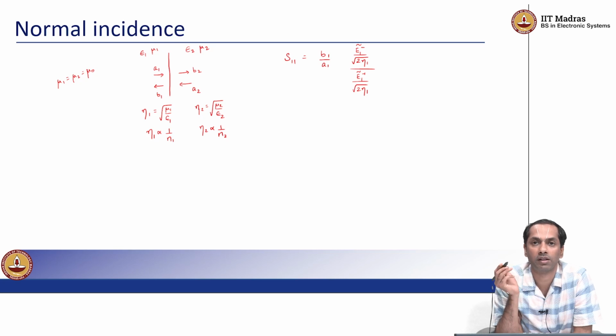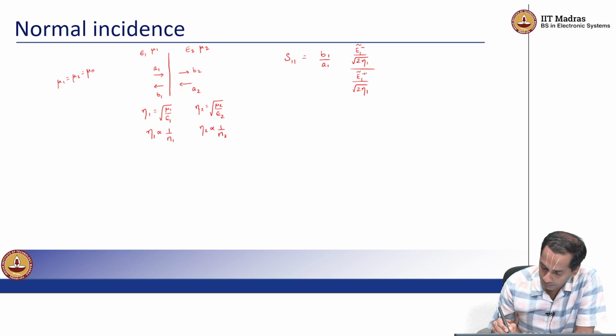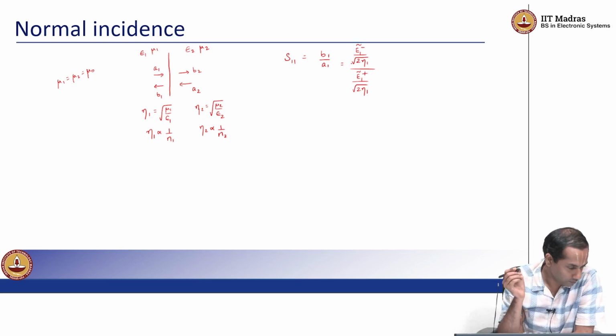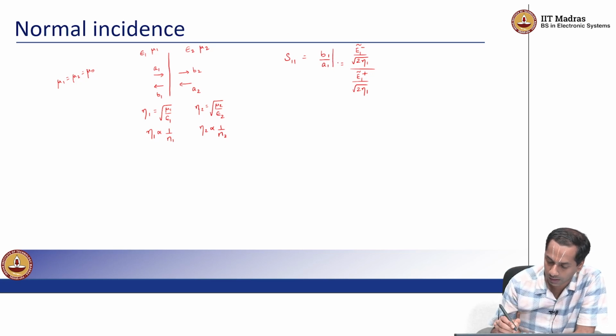But remember, in general, the port impedances can be different. They all don't have to be the same, right? In fact, in medium 2, the wave impedance is different. So we'll see that S12 and S21 will actually have different impedances. Okay. Remember, it is defined with A2 being 0.